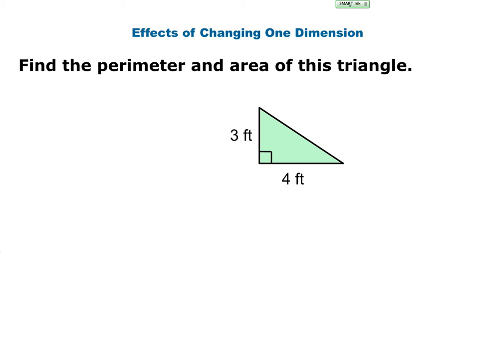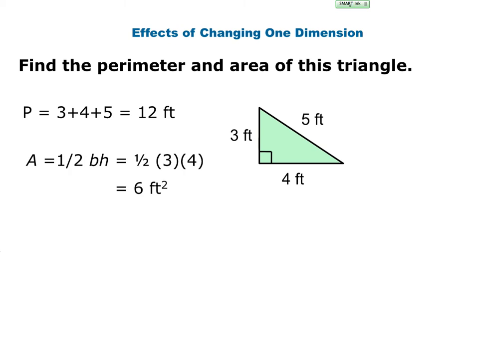Pythagorean theorem, or you know that triple by now? 3, 4, 5 makes a right triangle. So the perimeter was 5 plus 3 plus 4. That's the perimeter. 12? What's the area? 6. 6 square feet and 12 feet.